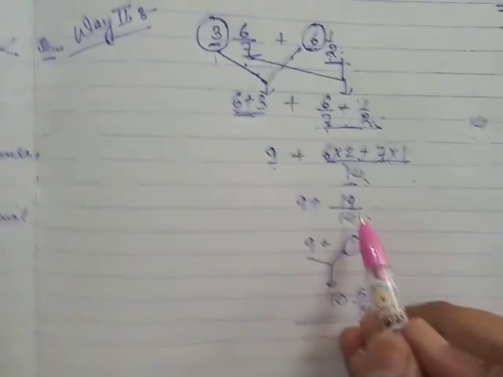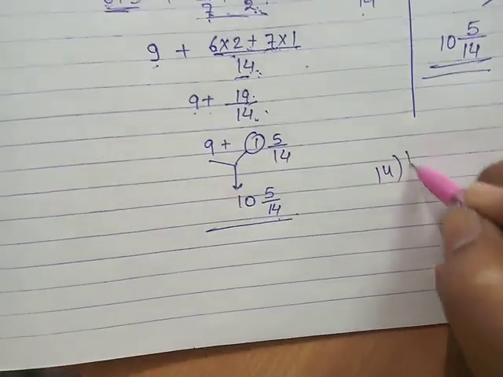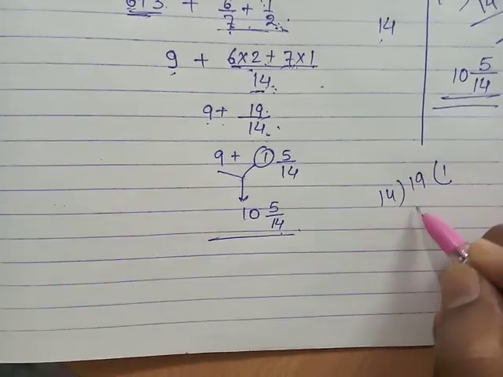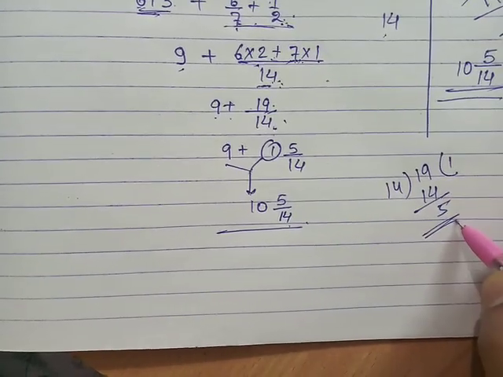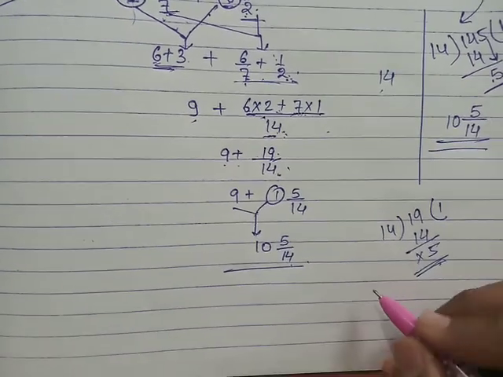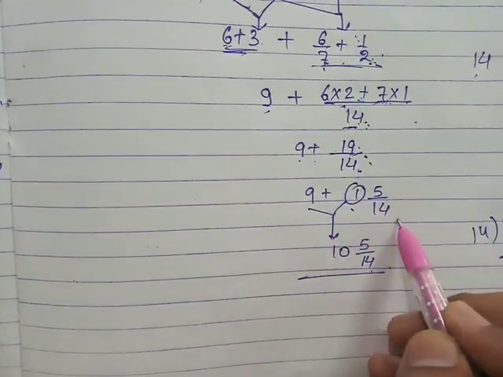Now we can see that 14 is smaller and 19 is greater, so we will divide 19 by 14. 1 times it will go and we will have 5 remainder. So our value will be 1 whole 5 by 14.